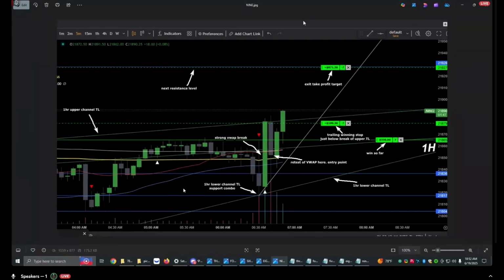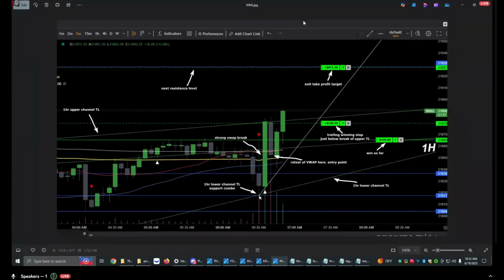On a larger time frame, I had an upper trend line channel from previously over here that you can't see, and a lower trend line channel from over here that you can't see. And it looks like we had a 1 hour lower channel time frame support combo. Oh, okay, this support line from homework that I had, and this 1 hour trend line that I had drawn.